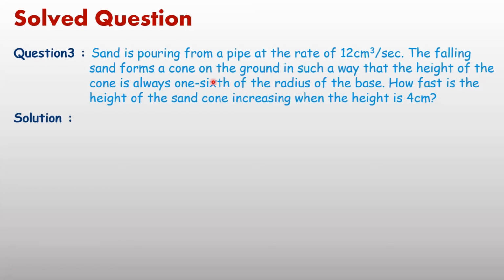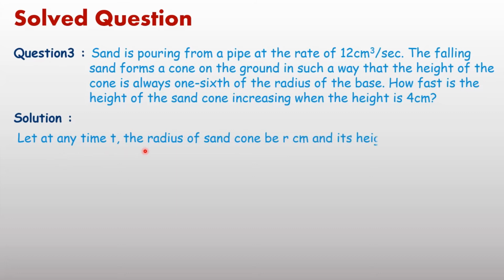The falling sand forms a cone on the ground in such a way that the height of the cone is always 1/6 of the radius of the base. Now we have to find how fast the height of the sand cone is increasing, meaning dh by dt, when h equal to 4 centimeter. Assumption part: let at any time t the radius of the sand cone be r and height h.